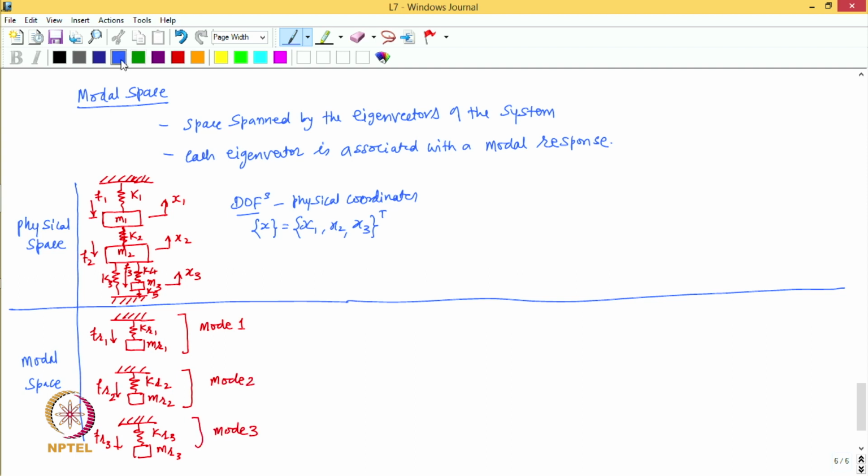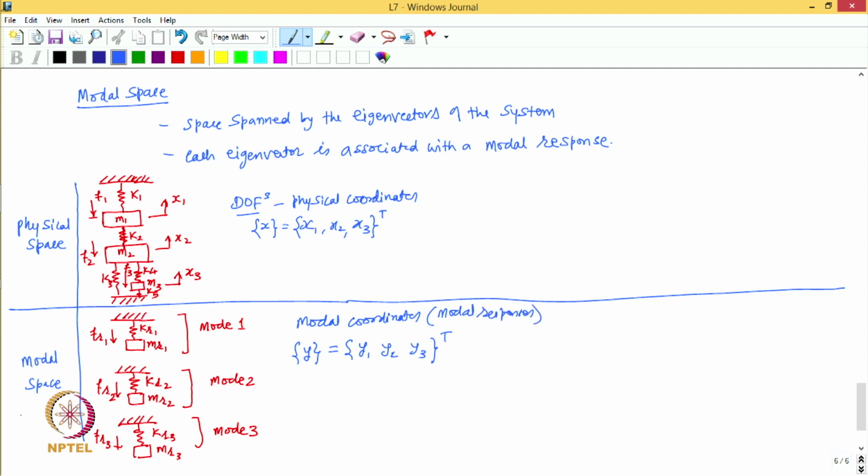So, this space is described by modal responses y1, y2, y3. These are called modal coordinates or modal responses, right.